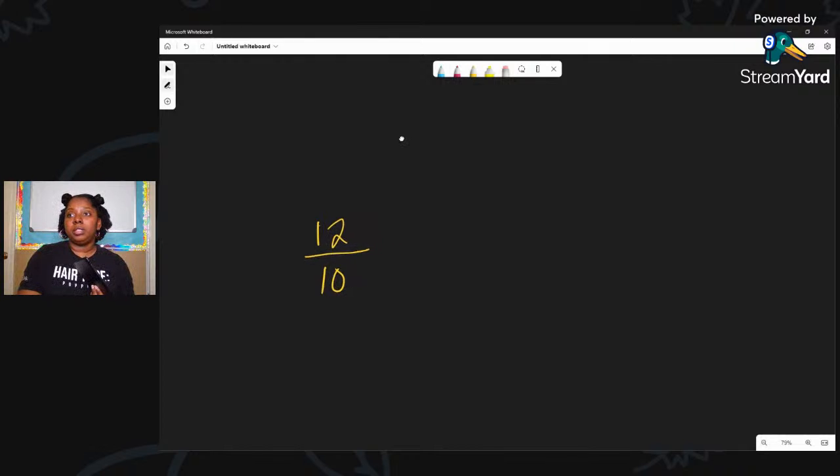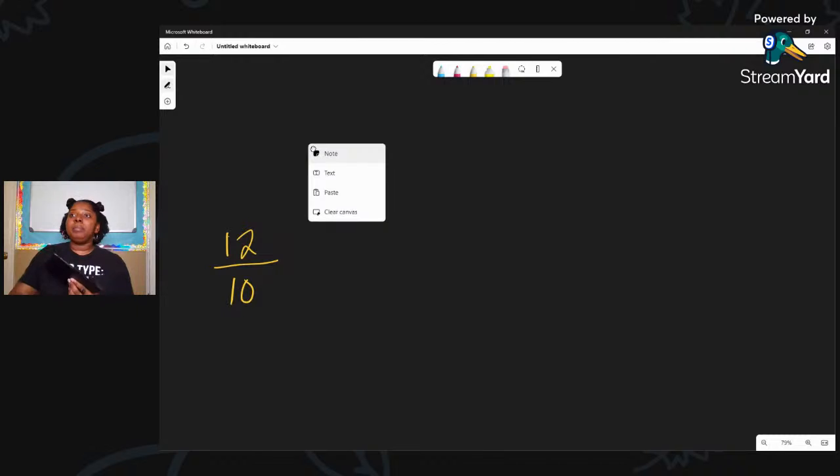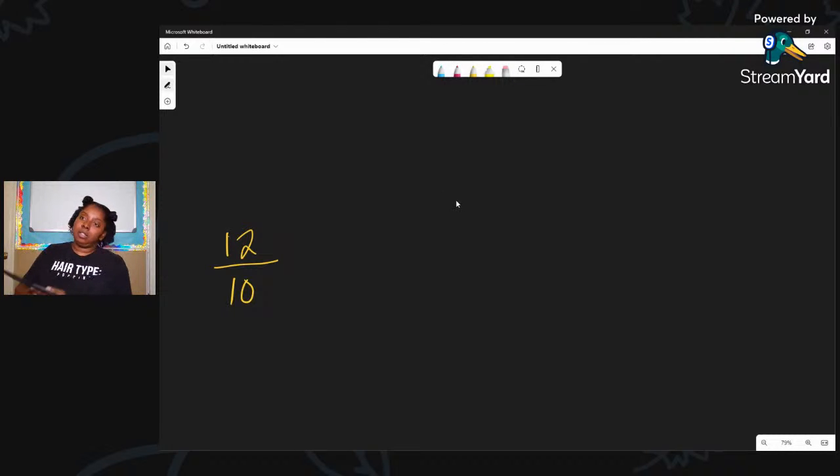What number can go into both of these? 2. They're even numbers. So you can reduce it first or simplify it first, but if they say simplify, they mainly want you to write it as a mixed number.